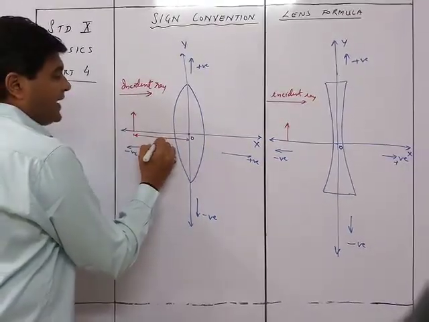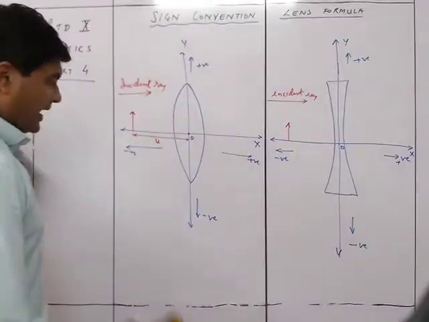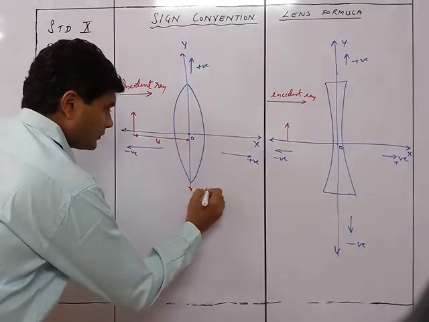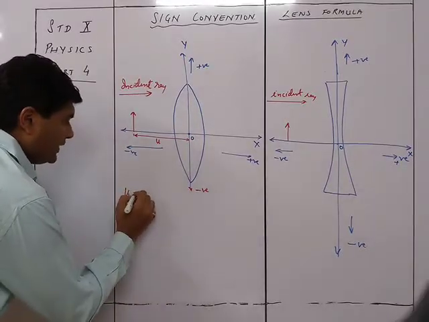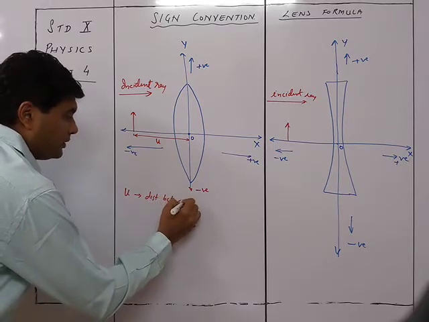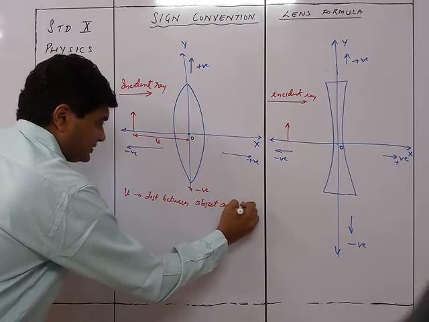This we call U. So U is the distance between object and lens.